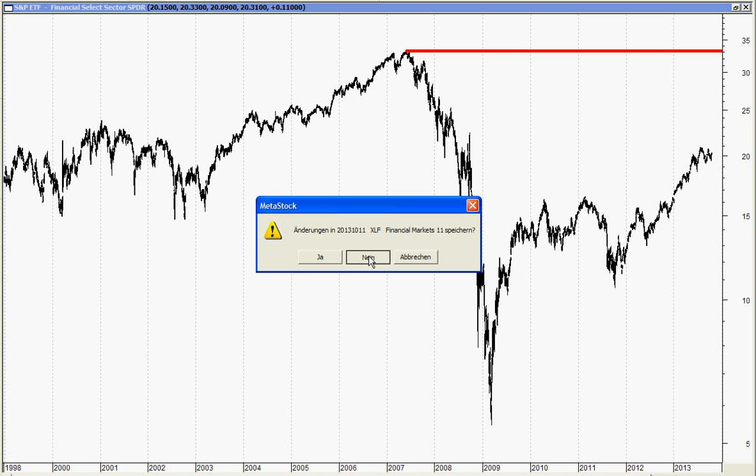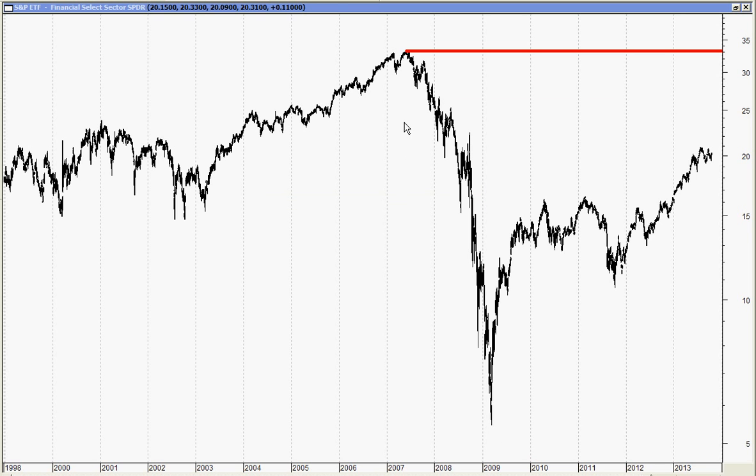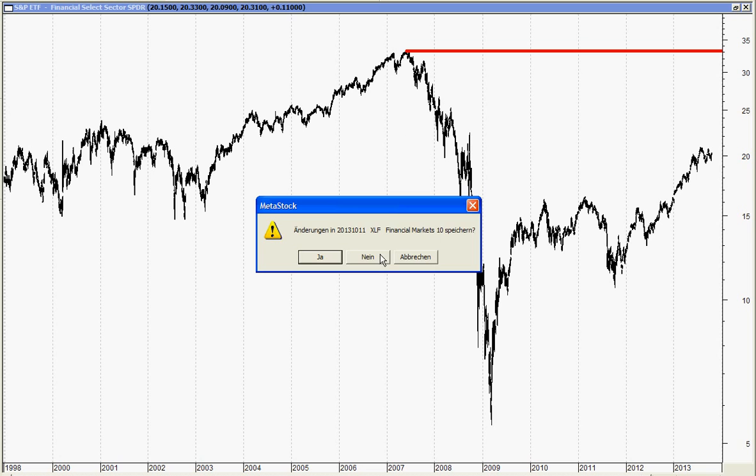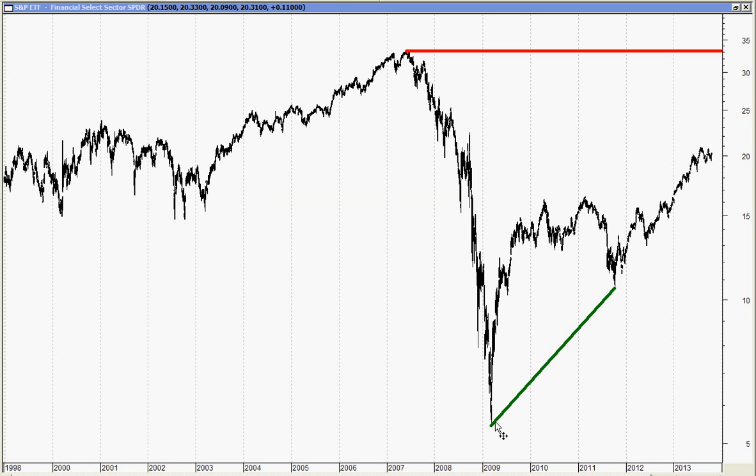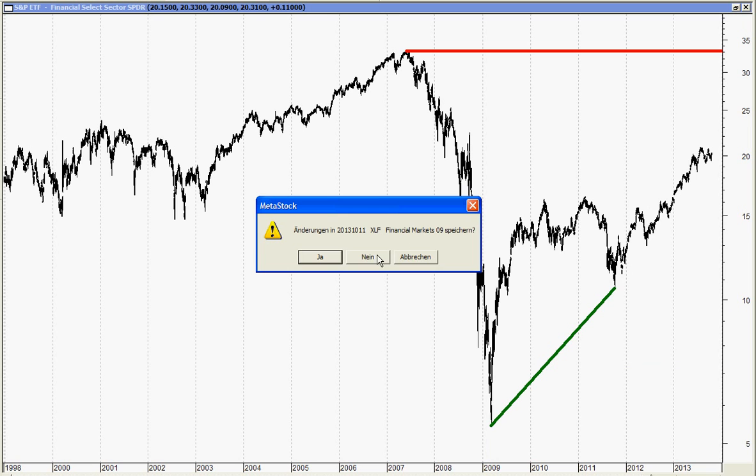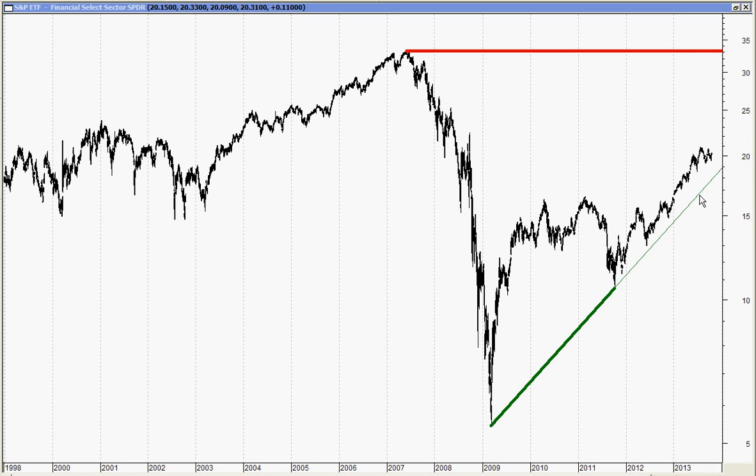So a very straight fall throughout the crisis. The interesting points are the lows at $5.80 and the lows in 2011 at $11.39. If we paint an extended right line, we see a great upside trend since 2009.